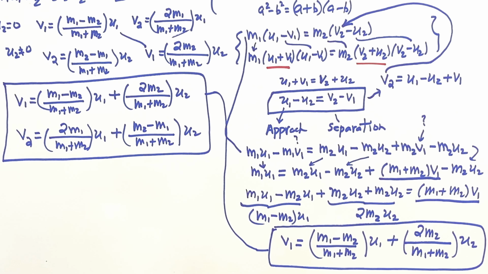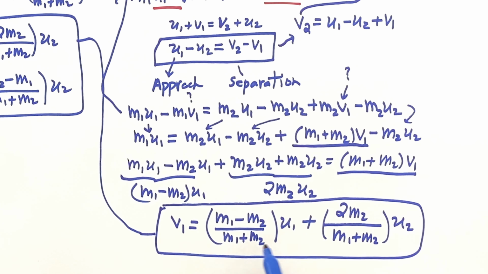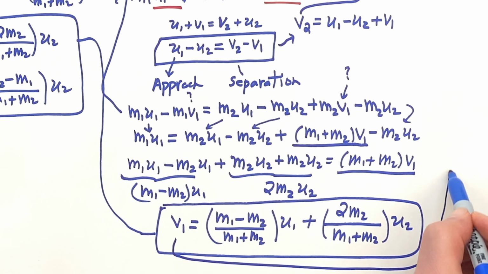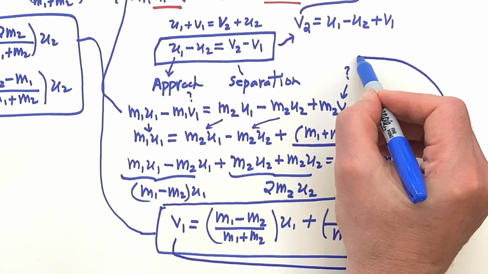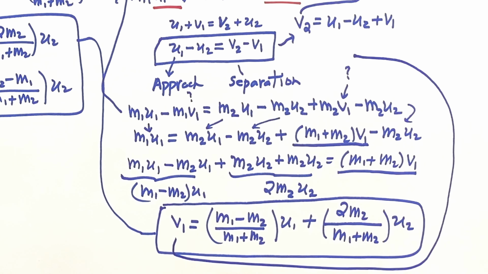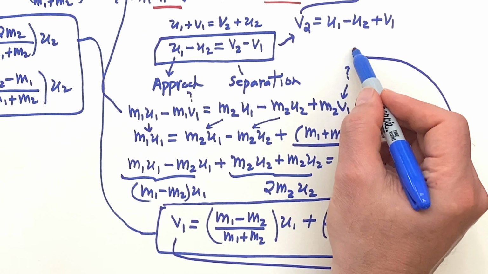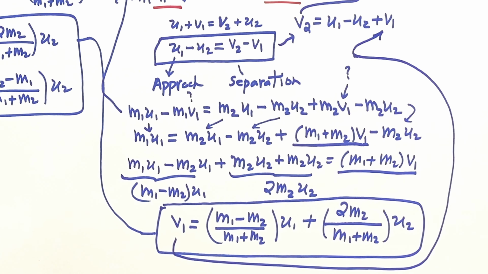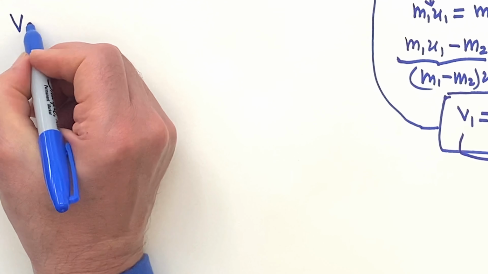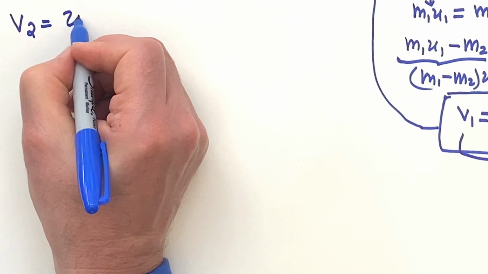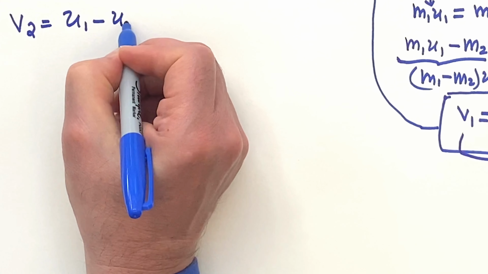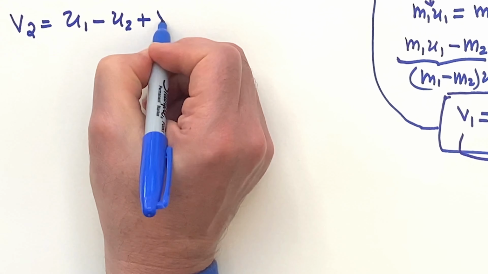So we do V2 the long way. So how do we get V2 the long way? Well, what I'm going to do is take my V1 and stick it in there. So my V2 is equal to U1 minus U2 plus V1.